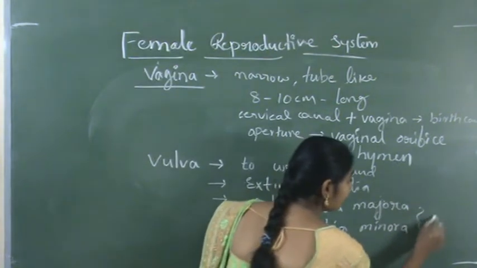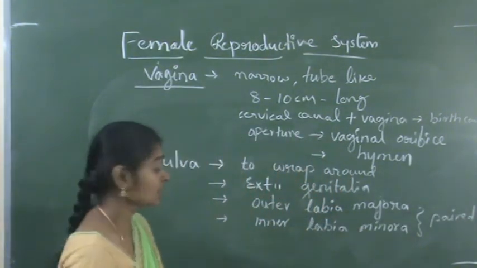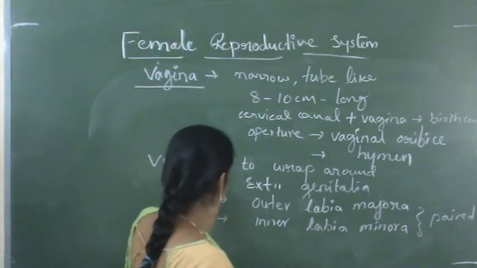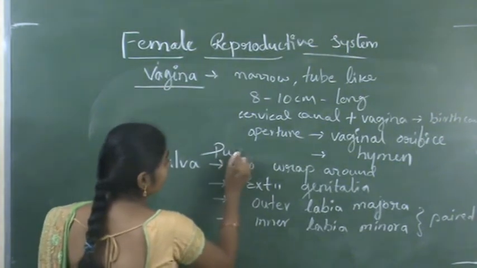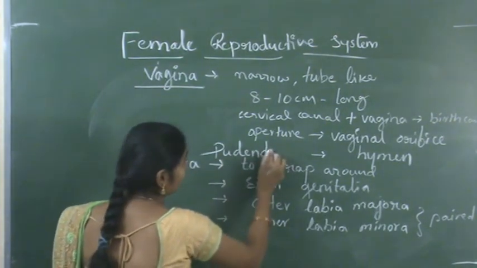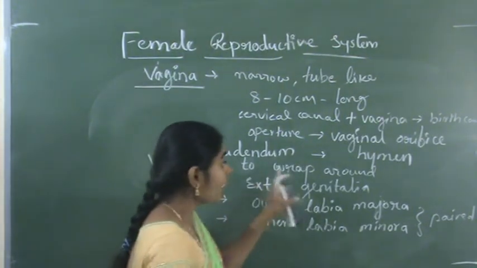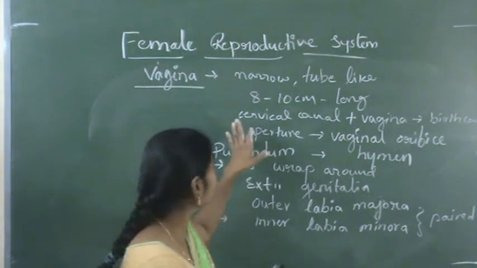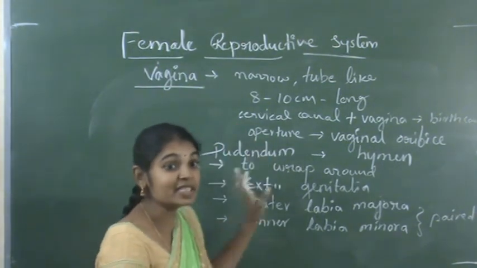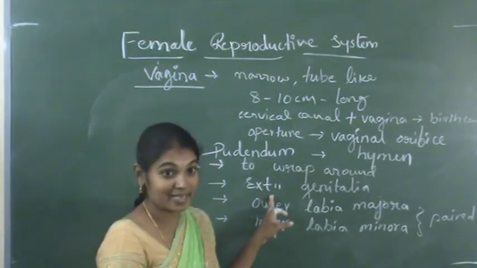These two are paired structures. The vulva is also known as the pudendum. To wrap around means the internal genitalia like the vagina or cervix are covered by this external genitalia.